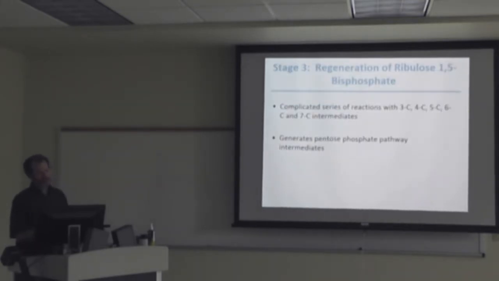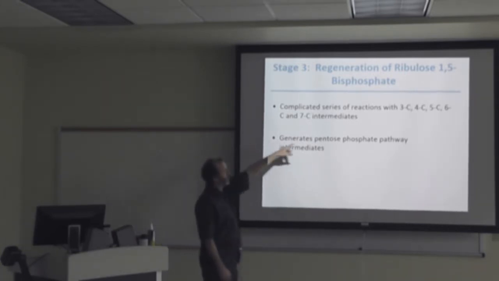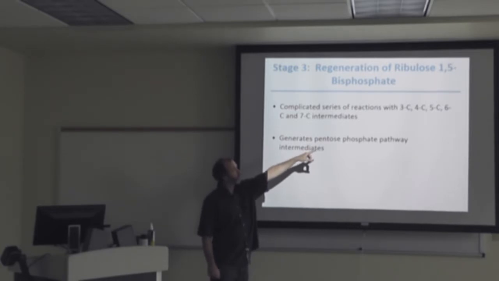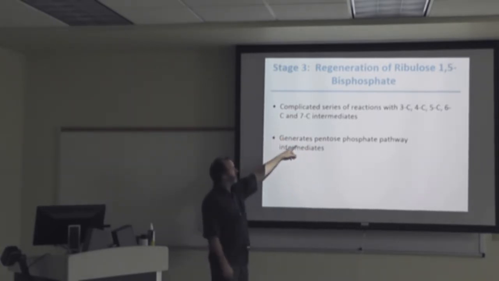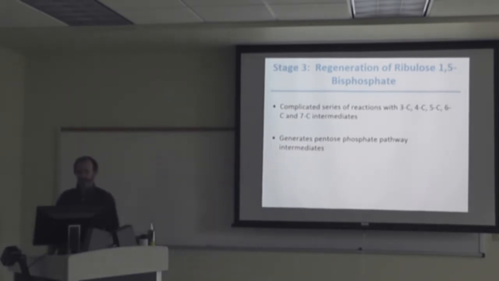So regeneration of ribulose 1,5-bisphosphate. It's a complicated series of reactions with 3 carbon, 4 carbon, 5 carbon, 6 carbon, and 7 carbon intermediates. And it generates pentose phosphate pathway intermediates also.